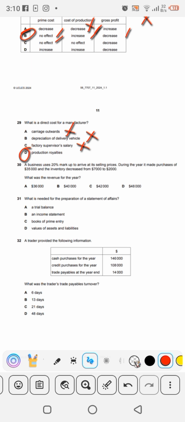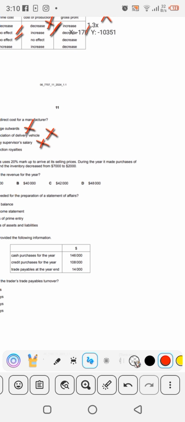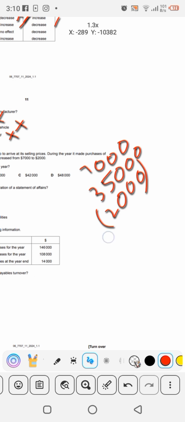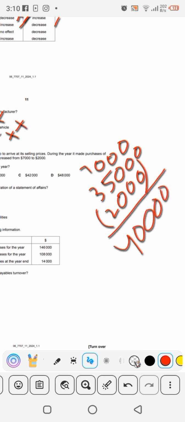Then question number 30, a business uses 20% markup to arrive at its selling price during the year. It made purchases of 35,000 and opening inventory is 7,000 and 2,000 as the closing inventory. So we will add 7,000 and 35,000 less 2,000 to get cost of goods sold.